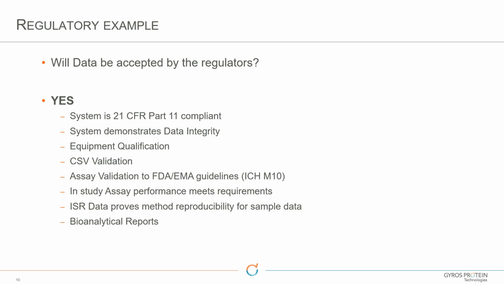But most importantly, the assay that you use to actually analyze the samples should be fully validated and should be to FDA and EMA guidances, which is now kind of with ICH M10, which is harmonized guidance for global analytical validations. And you should monitor the performance of the assay. So you do in-study assay performance that involves looking at the QC data.